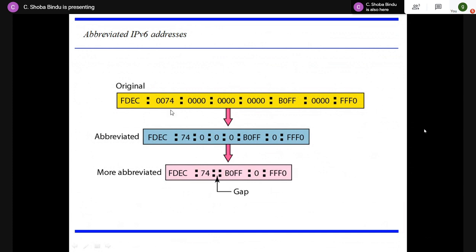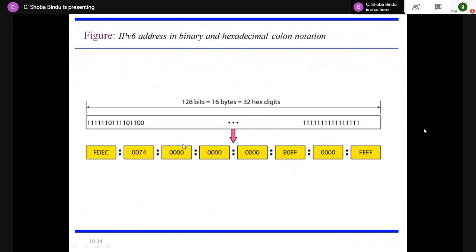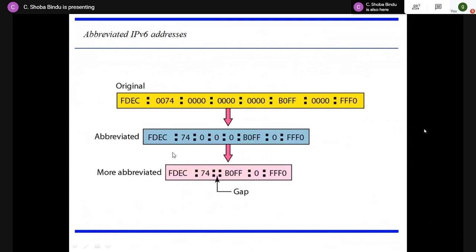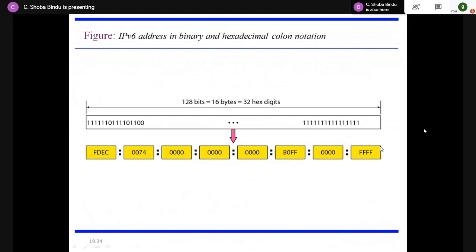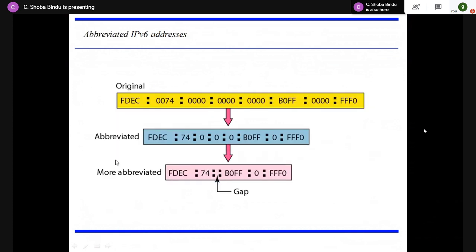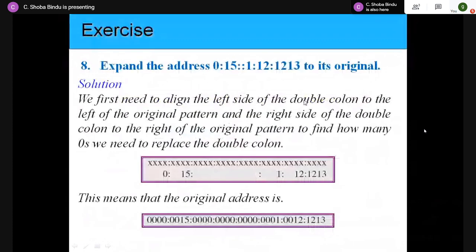Altogether you need to have 8 groups of 16 bits, that is 32 hexadecimal digits in total, 4 hexadecimal digits in each group. So how many are missing? Here you are having only 5, so the remaining are 3. Between these two you can introduce 3 zero groups. That is how you are going to represent IP version 6 addresses.